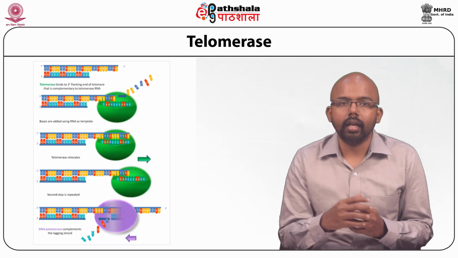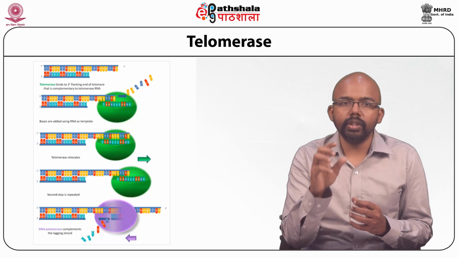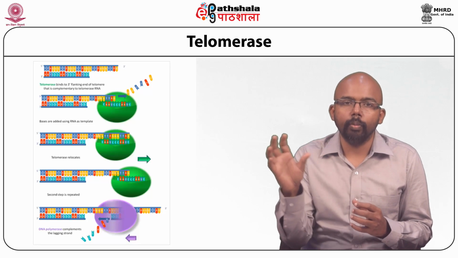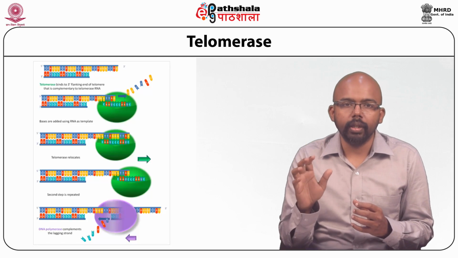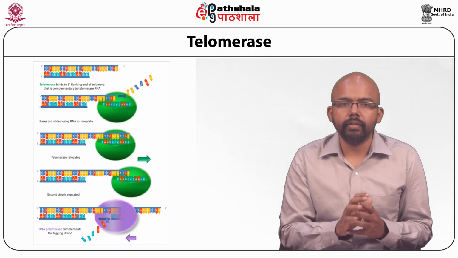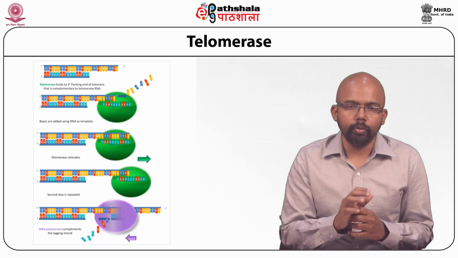Now, telomerase is a ribonucleoprotein which usually adds a specific repeat sequence to the 3' end of the chromosomes. These are called telomeres. A telomere is a region of repetitive sequences at each end of the eukaryotic chromosome.